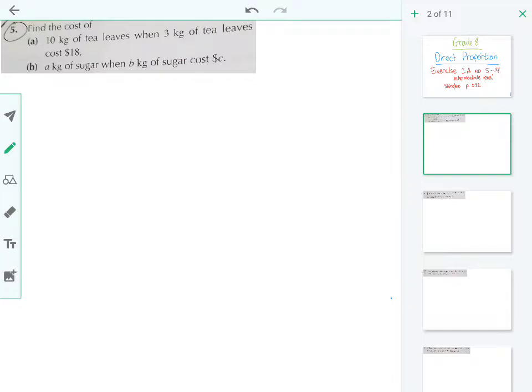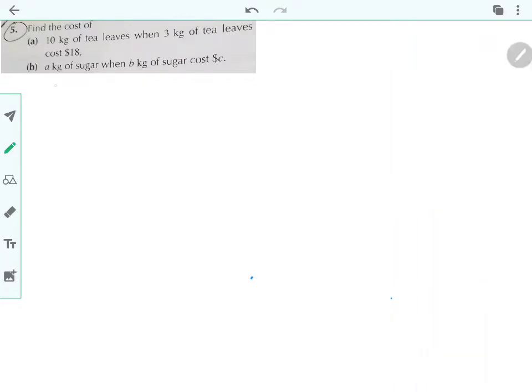In this question, the variable is kilogram of tea leaves, or I call it weight. The second variable is the cost. So the weight is 10, but we don't know what the cost is. On the other hand, when the weight is 3, the cost is equal to $18.